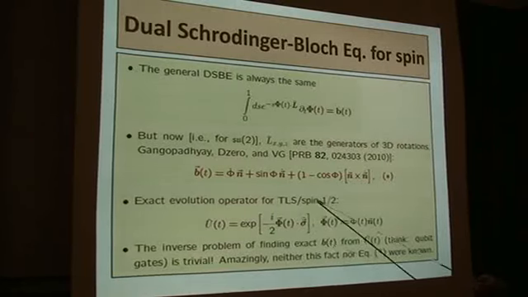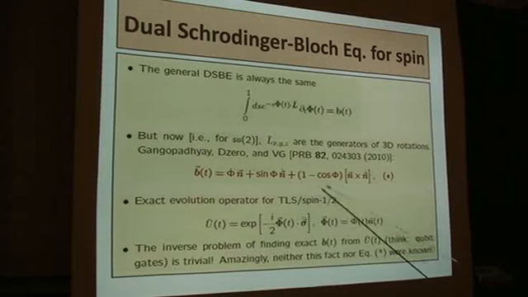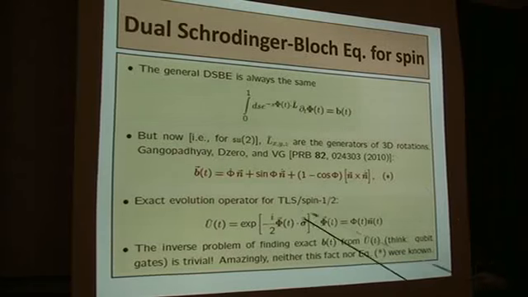So if you have spin 1/2 in this field, and if you have spin 1 in this field, all you have to do to find the unitary evolution is just replace Pauli matrices with spin 1 matrices. So this will give you the exact solution. If you have, I don't know, spin 100, you will do the same thing. You just have to put in the corresponding matrices.